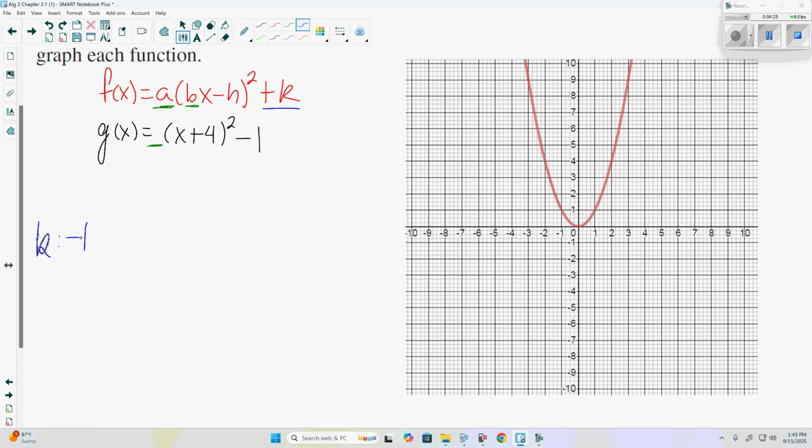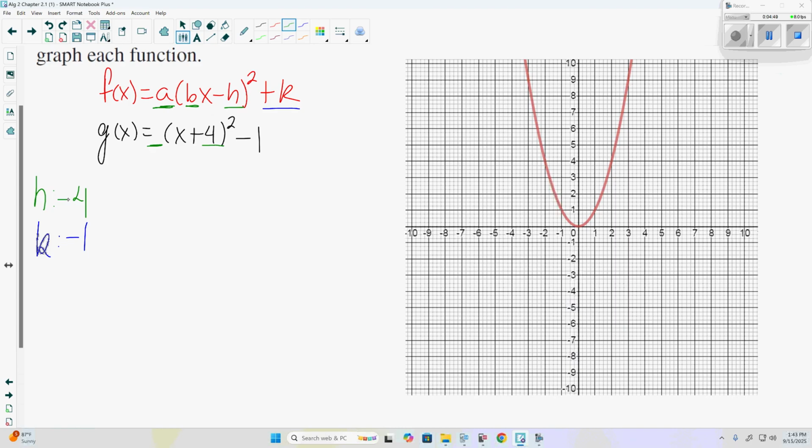Do we have a number in place of h? 4. Now the question is, is this value of h going to be positive 4 or negative 4? Look at the general form.